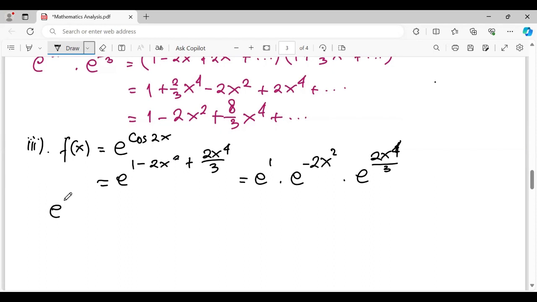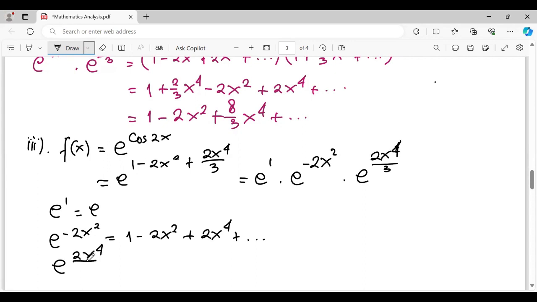Right? e to the power 1 is e, and e to the power minus 2x squared is 1 minus 2x squared plus 2x to the power 4, while e to the power 2x to the power 4 over 3 equals 1 plus 2/3 x to the power 4.